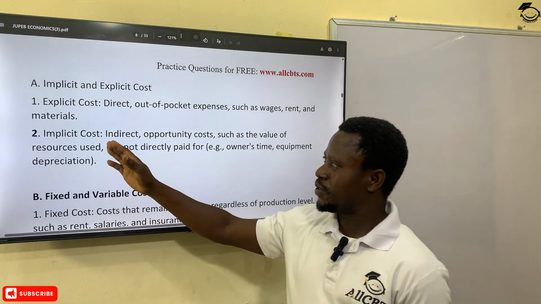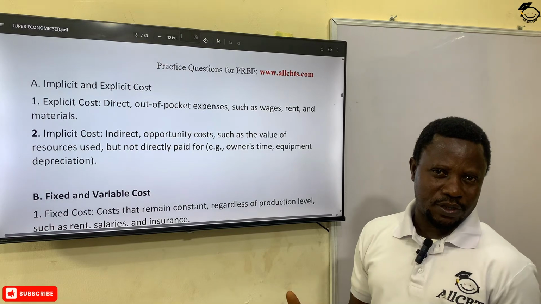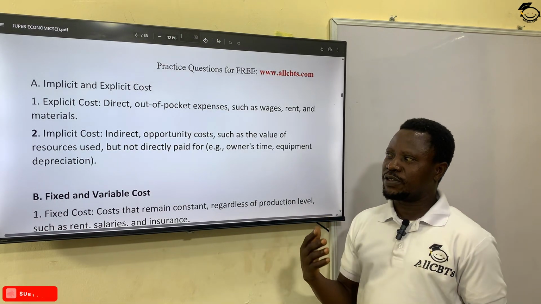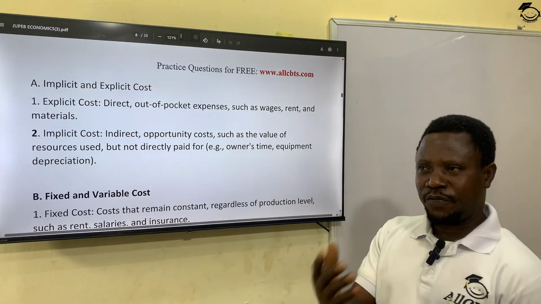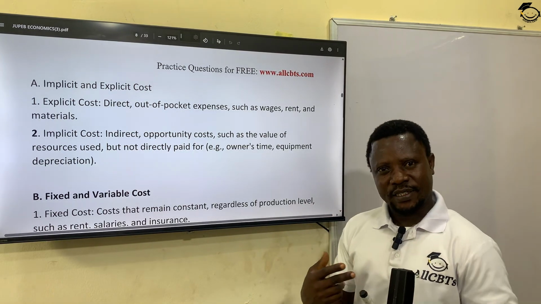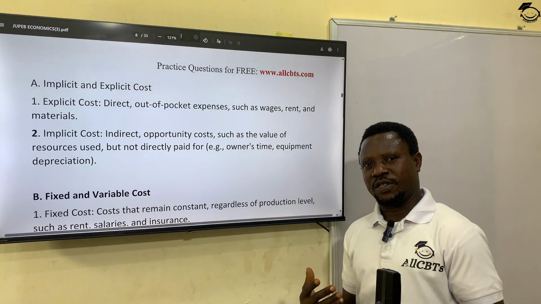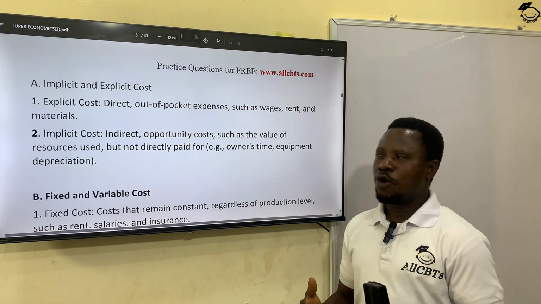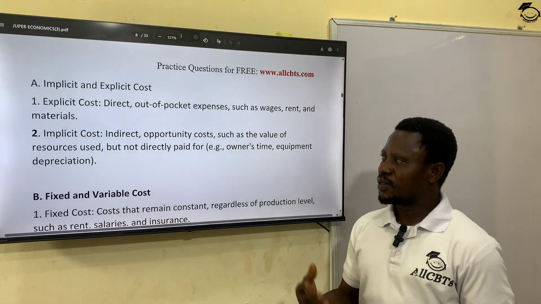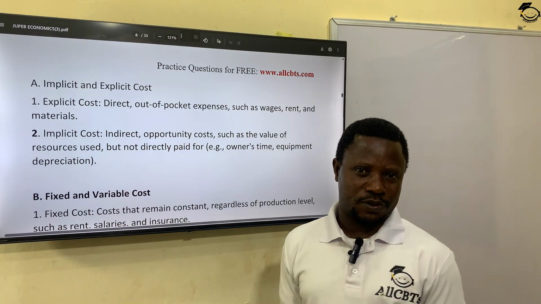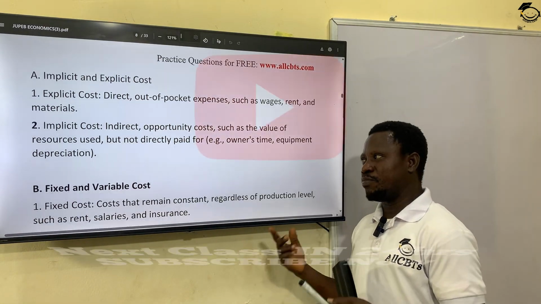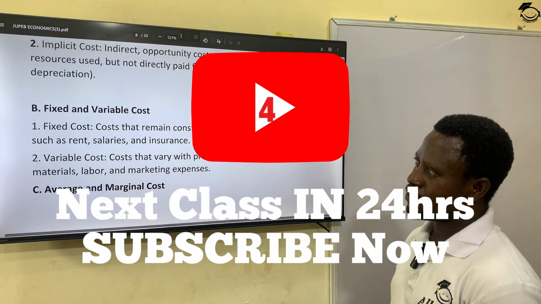While implicit cost means indirect cost, that is, your opportunity cost, such as the value of resources used, but not directly paid for. E.g., as a manufacturer, as the owner of the business, when you are using your time and you are not paying for that time, or when your equipment is depreciating, these are all implicit costs. That is, the opportunity cost, the indirect cost that may not reflect at a point.